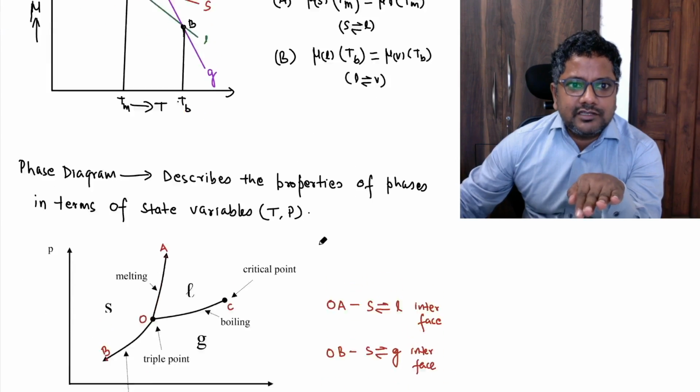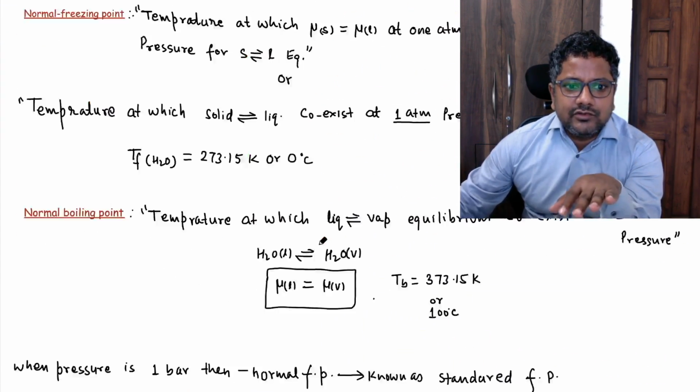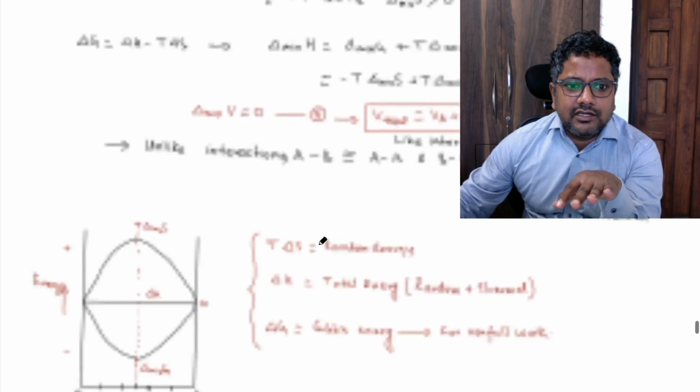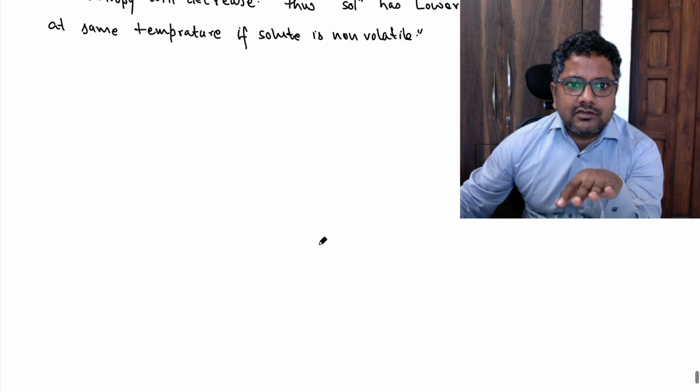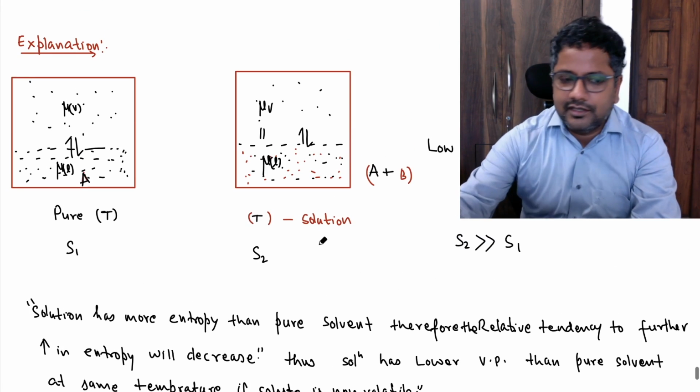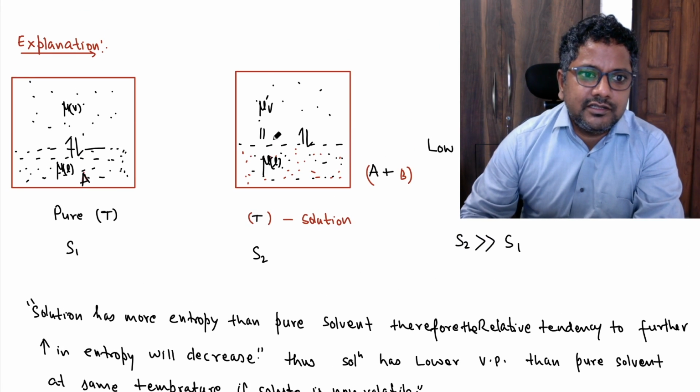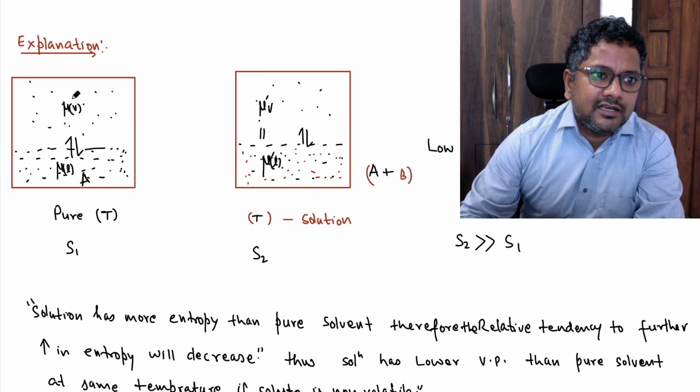So if chemical potential decreases, the relative tendency to convert into the vapor phase will decrease.